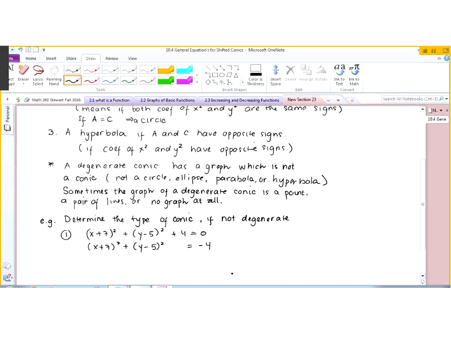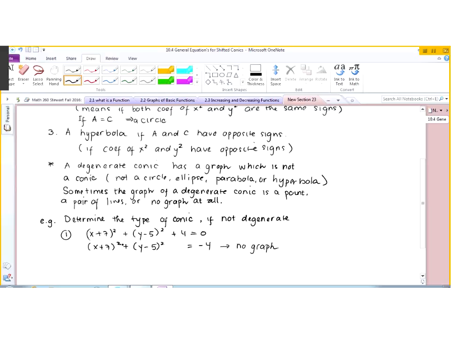And then what is your conclusion? Can we graph something like this? Look at this. This is a square, right? This is also a square. Can it be a negative value? No. So this is an equation which has no graph.